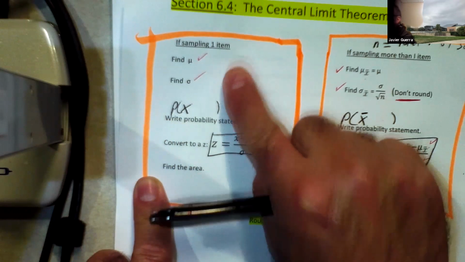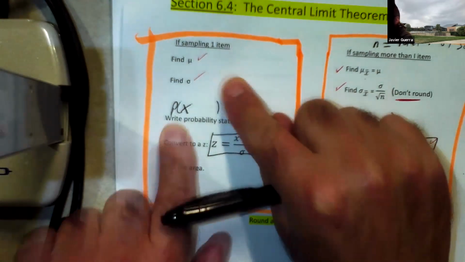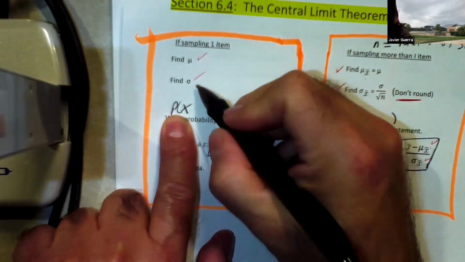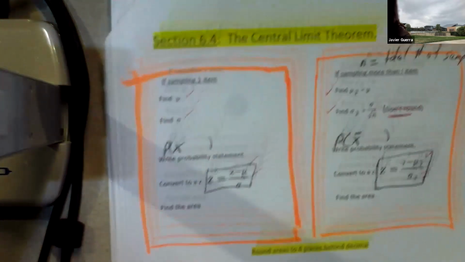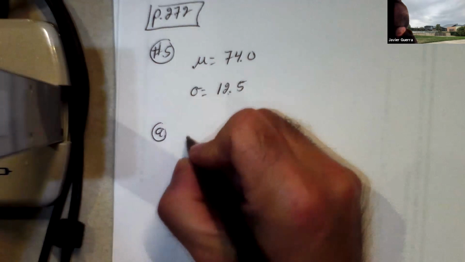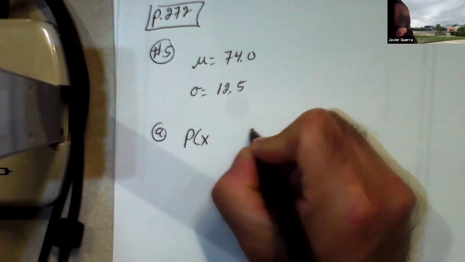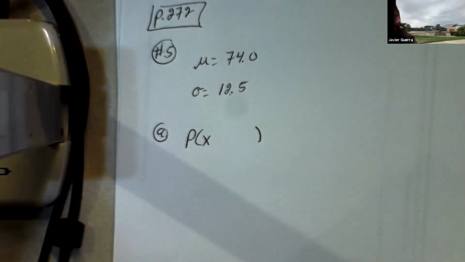I'm going to go through this process of what we did in 6.2. I already did the mu, I already found the sigma. Now I have to find the probability. So I'm gonna put probability of X is what?